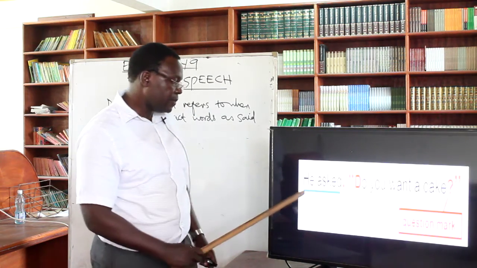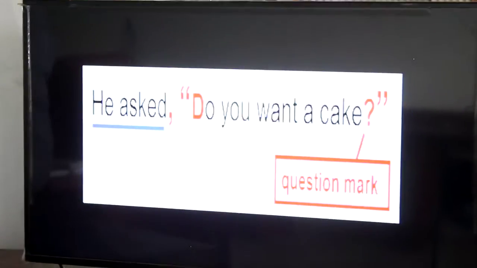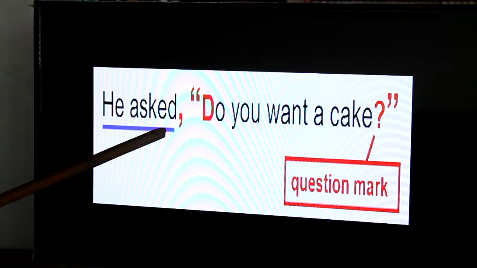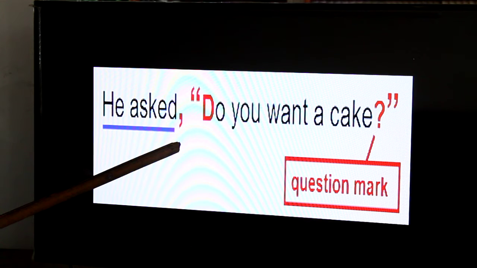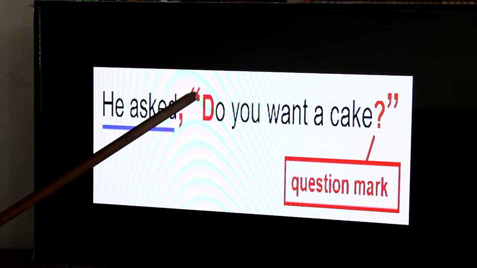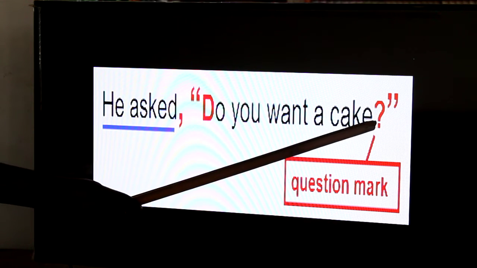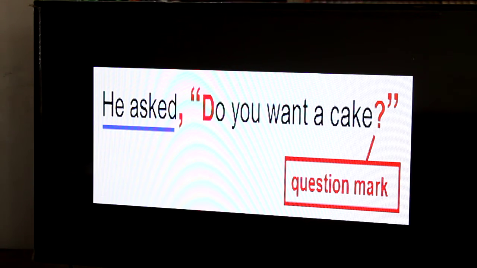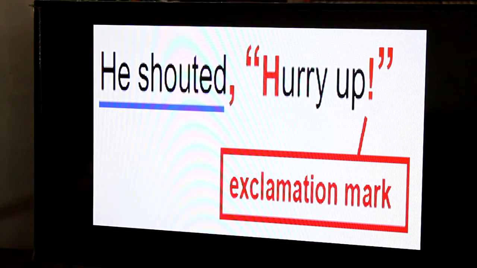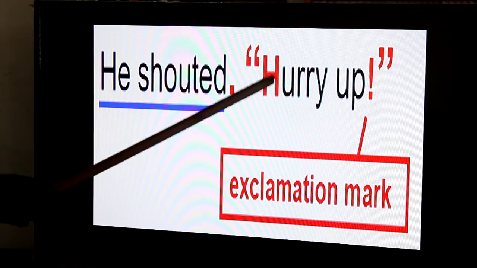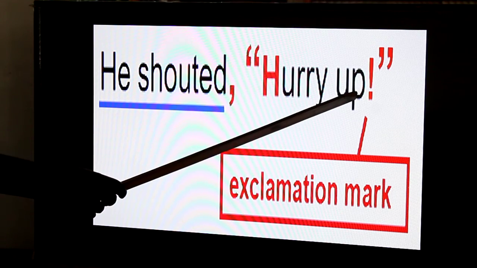Like this. He asked, comma, open, capital D, "Do you want a cake?" Question mark, close. Or, he shouted, comma, open, capital H, "Hurry up!"